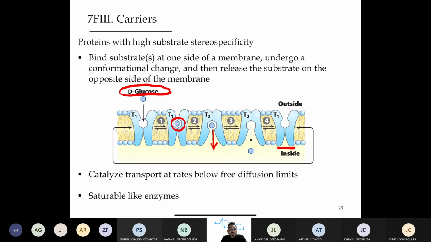There you see the restrictions imposed by the solute coming in contact with that protein, and you can see how that can become saturable. As a consequence of this limitation, they catalyze transport at rates below the free diffusion limits. So they are much more representative of a classical enzyme, in that you will observe saturable-like enzyme behavior.